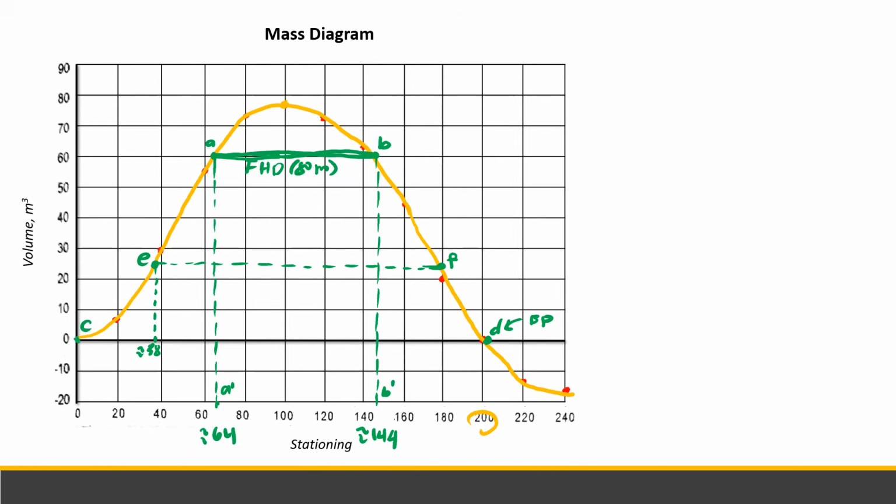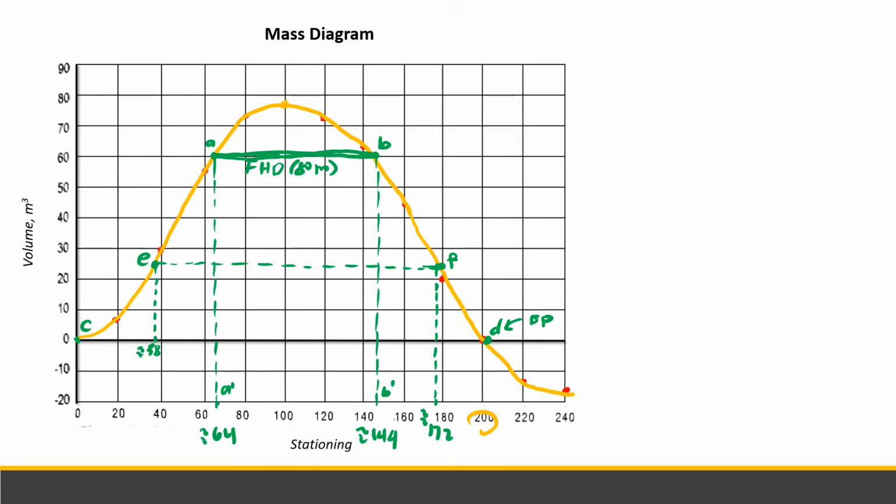Okay. So these points represent the centroid of masses. So i-project natin ito pababa. This is approximately 172. By inspection, points E and F are approximately 38 and 172 on the graph.